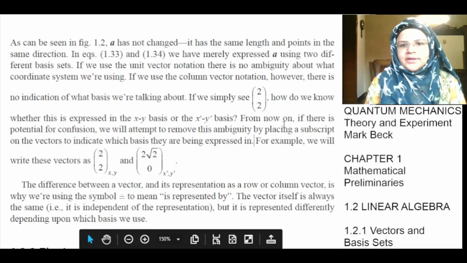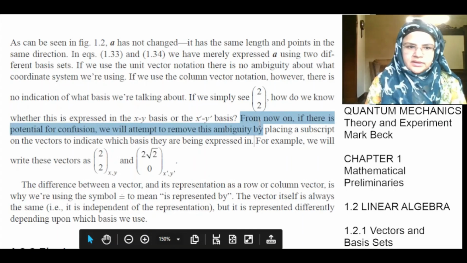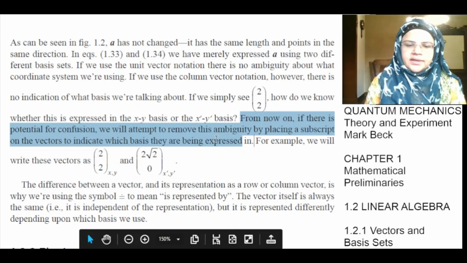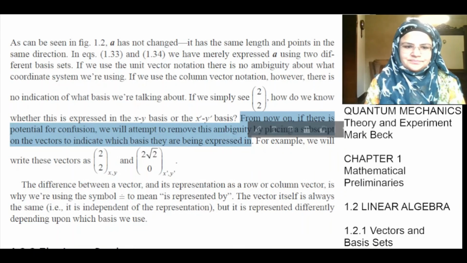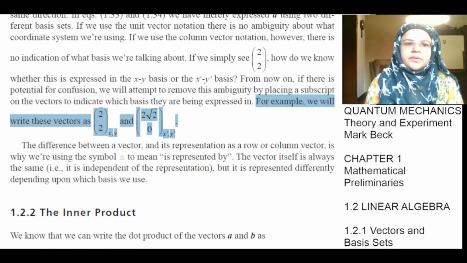From now on, if there is potential for confusion, we will attempt to remove this ambiguity by placing a subscript on the vector to indicate which basis it is being expressed in. For example, we will write these vectors as column (2, 2) in the xy coordinate system and column (2√2, 0) in the x'y' coordinate system.